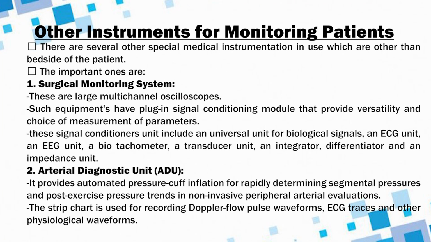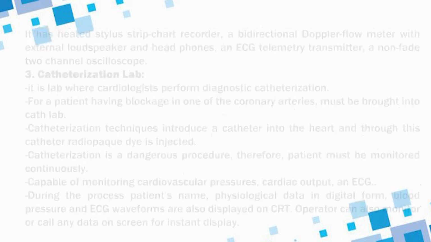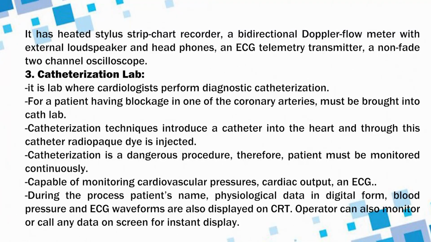The strip chart is used for recording Doppler flow pulse waveforms, ECG traces, and other physiological waveforms. It has a heated stylus strip chart recorder, a bidirectional Doppler flow meter with external loudspeaker and headphones, an ECG telemetry transmitter, a non-fade 2-channel oscilloscope.